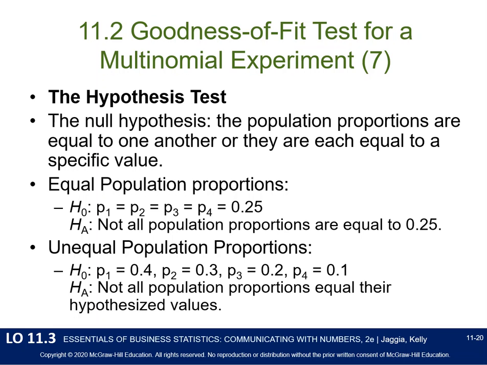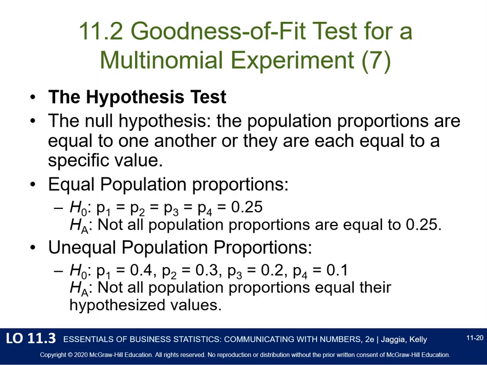Now we can say not that they're all equal, but maybe that they all equal some expected value. So here we have, in the second example, we are hypothesizing that the probability of population 1 is 0.4, for population 2 is 0.3, for population 3 is 0.2, and population 4 is 0.1. Notice again, if we add all that up, it all equals 1.